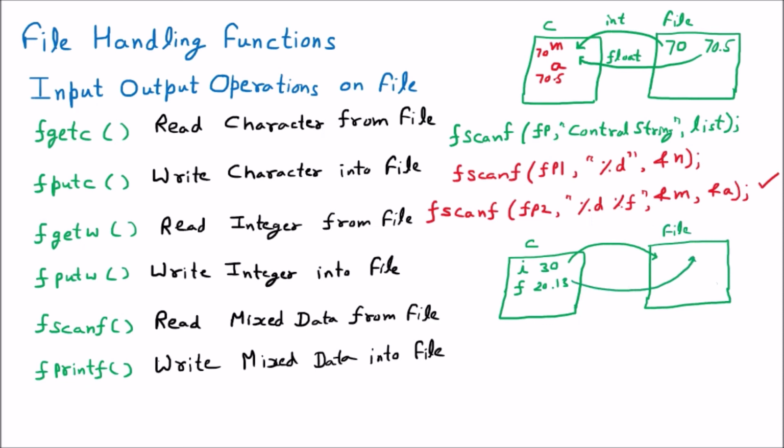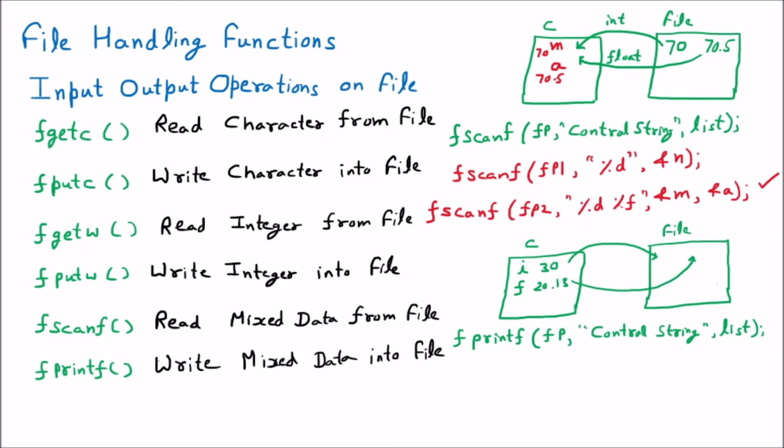For that purpose I will use the fprintf function. If I see the syntax, we will write fprintf. Now in the brackets we pass the file pointer, then the control string or the format specifier, comma, the list of all the variables.